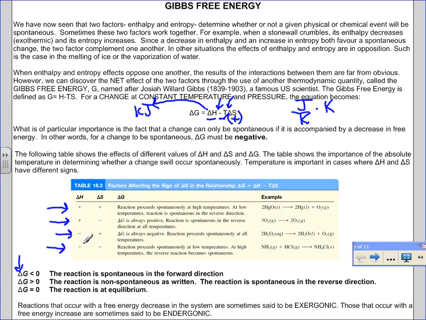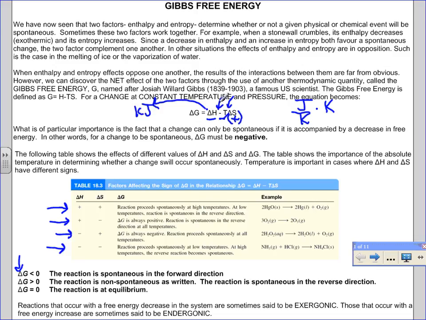We can also have an exothermic reaction where the entropy is decreasing. And in an exothermic reaction where the entropy is decreasing, again, it depends on what temperature this process is taking place and the size of the relative entropy and enthalpies in order to decide whether the Gibbs free energy is going to be greater than or less than 0.